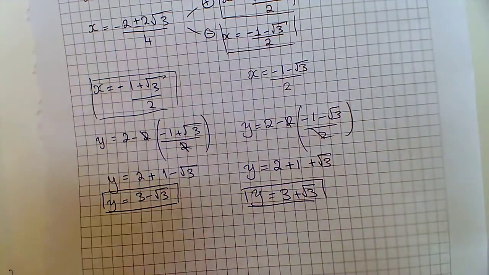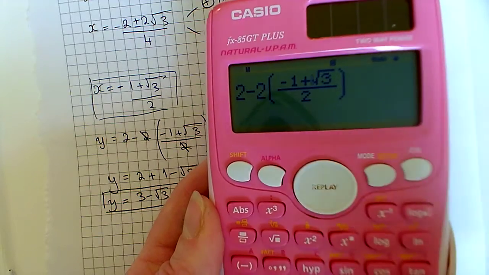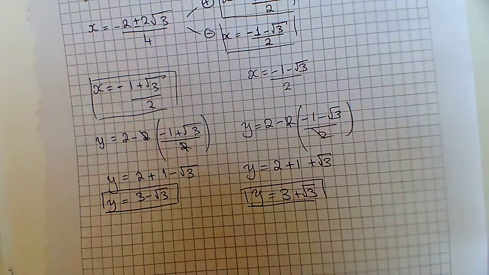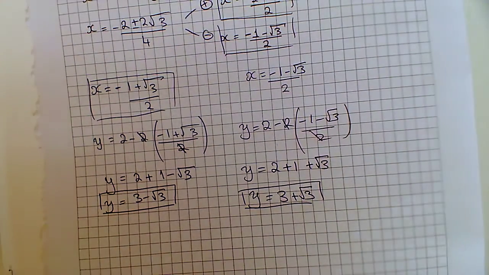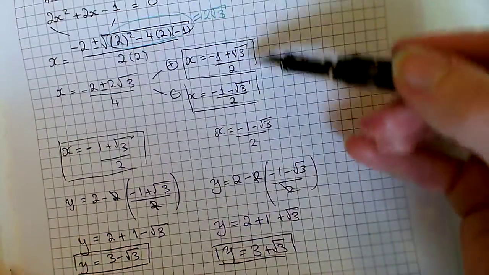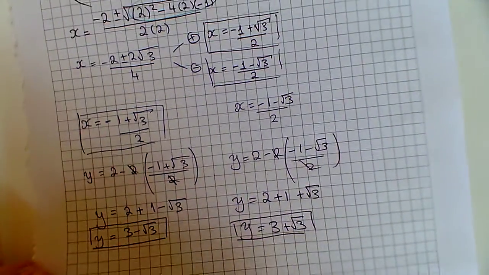And again, the calculator can do that for us, and we can just come back and change this to a minus sign, giving us 3 plus the square root of 3. Again, if you converted these answers to decimals to 2 decimal places and filled in, that's perfectly fine as well, just using the change button in your calculator.